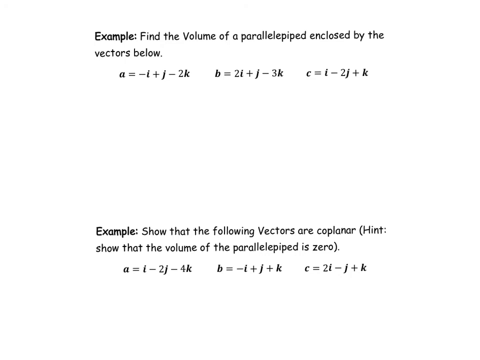For this example, I'm going to find the volume of the prism enclosed by those vectors. I can do it in a number of ways. I could take the absolute value of A crossed B dotted with C, or the absolute value of B crossed with A dotted with C, or the absolute value of B crossed with C dotted with A, and all the other possibilities, of which I think there are only a couple more.